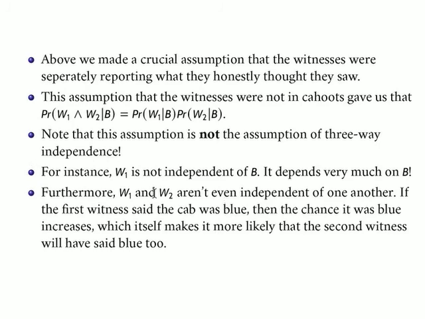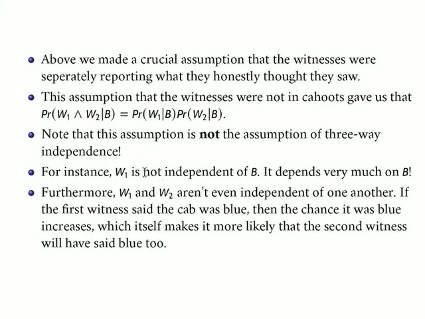And furthermore, and this is slightly more complex, W1 and W2 aren't independent of one another in an unconditional sense. And that is because if the first witness said the cab was blue, then the chance that it was blue increases. And that itself makes it more likely that the second witness will say it's blue as well.